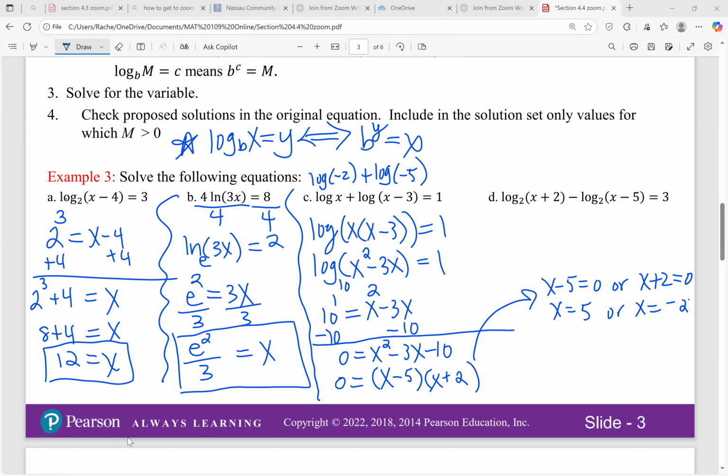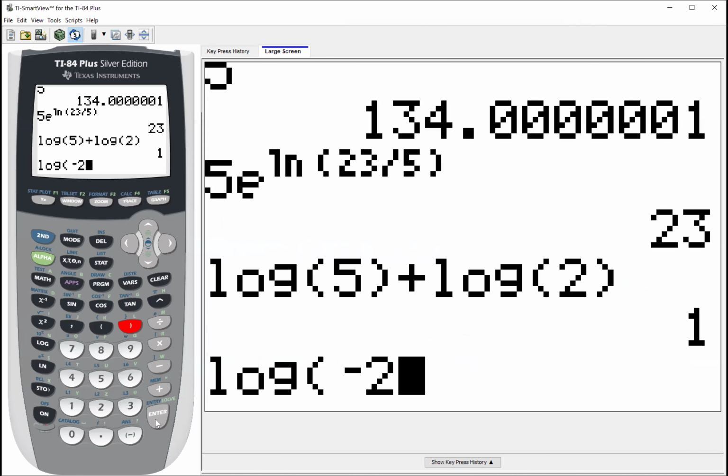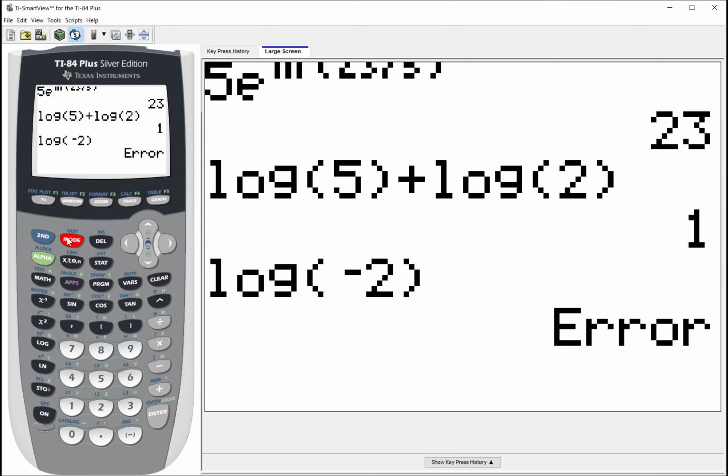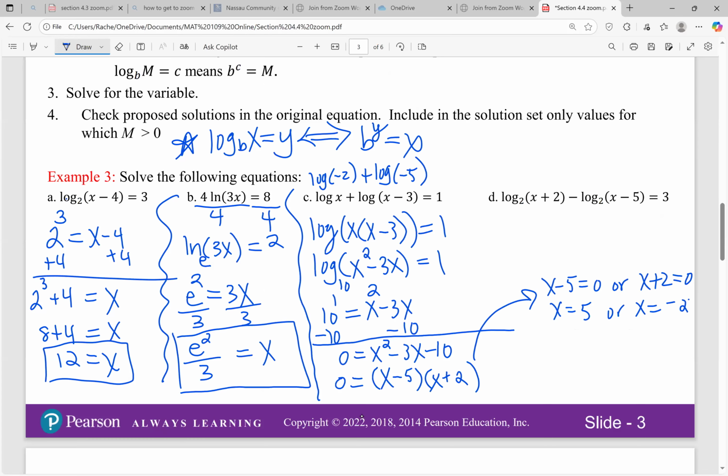If I try to type in log of -2, the calculator is going to tell me that that's not a real answer. So we have to reject that possible solution because it's not part of the domain. So my solution is x equals 5. So you only have one solution in this case.